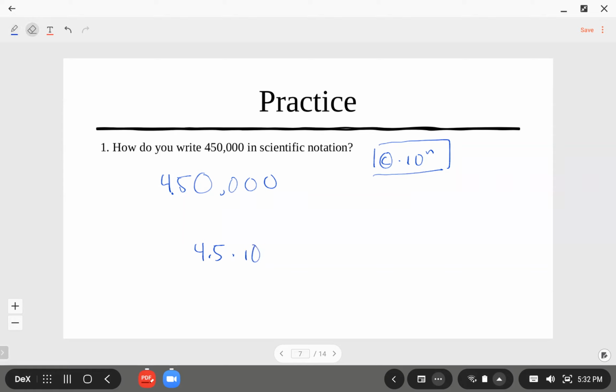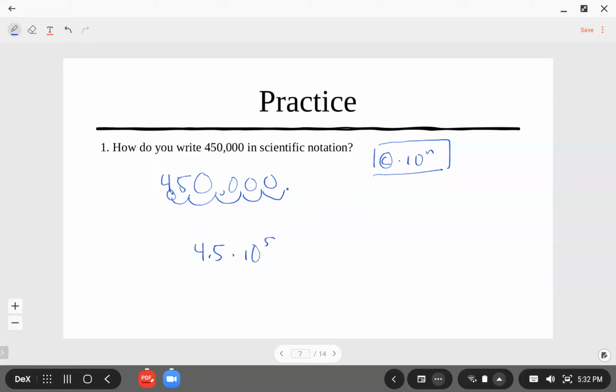Now we're going to find that exponent, okay? So remember that little trick. Find the decimal point, move it to the end of the number. So 1, 2, 3, or 5. 5 is how many places you moved it, and there you have it.